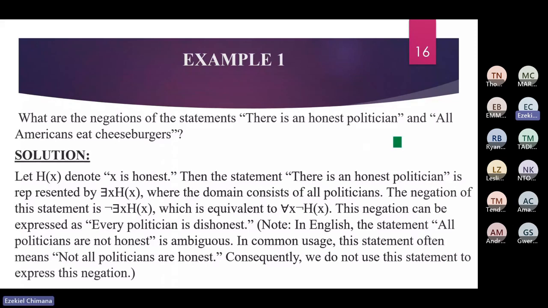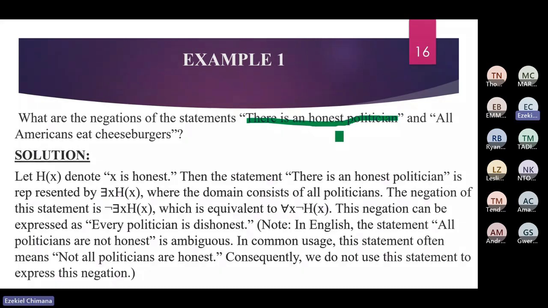that we've got two examples here. We've got this part: there is an honest politician, and then there is this one: all Americans eat cheeseburgers. So only focusing on this one, we've got a domain of politicians, and we are saying out of all the politicians, there are some politicians who are honest.